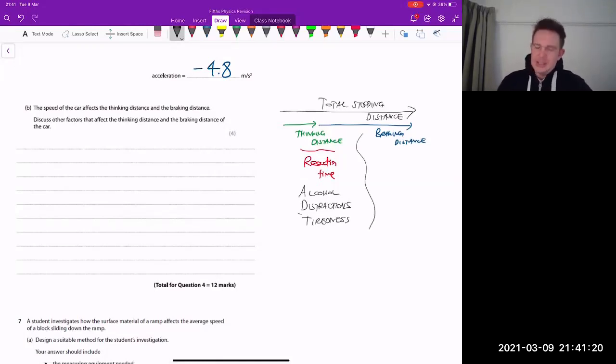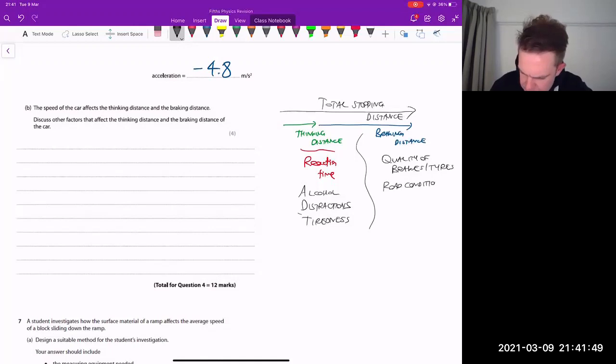For the braking distance, that's to do with weather conditions, which will affect the friction between the tyres and the road, and factors which affect the roadworthiness, the quality of the brakes, the quality of the tyres, and so on. So quality of brakes, tyres, and road conditions.